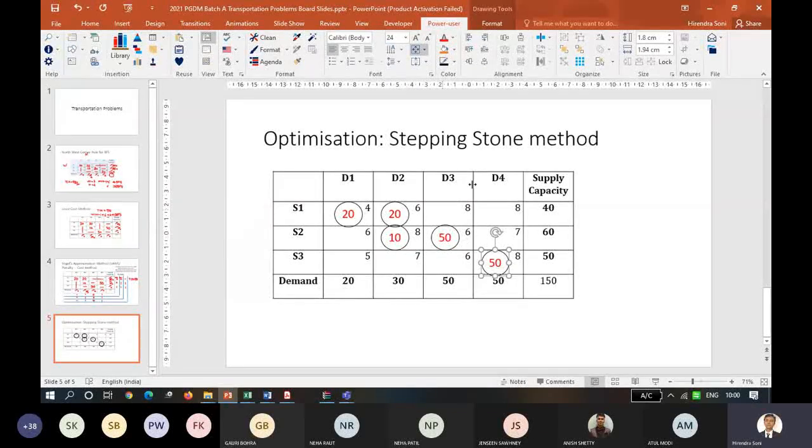Okay, so this is what we have received as an allocation. Now, if you look at the number of allocations that we have got is 1, 2, 3, 4, 5.